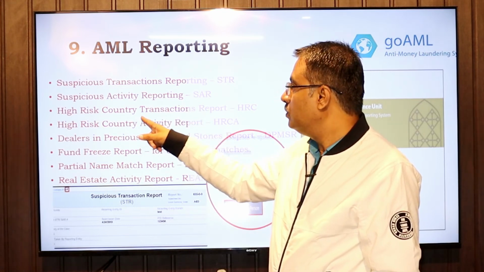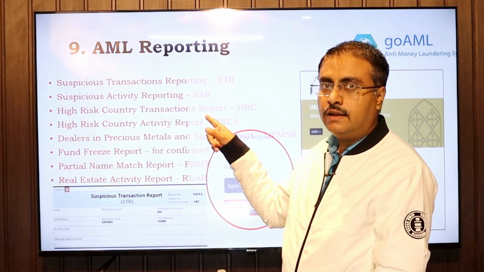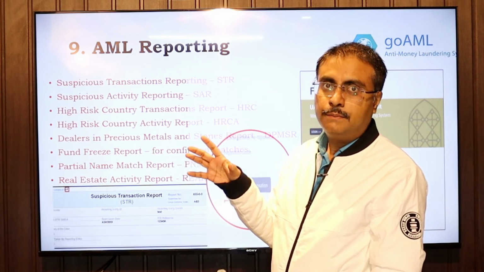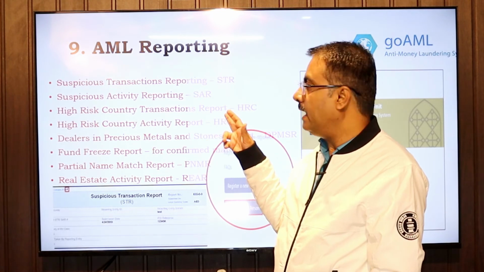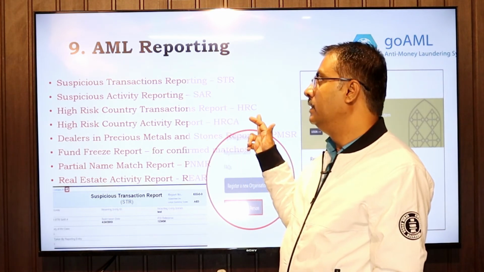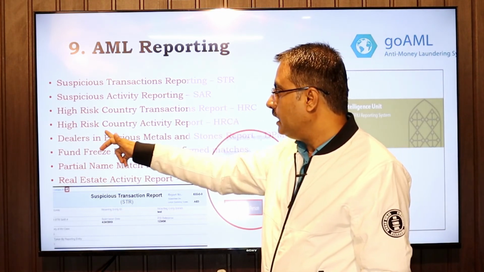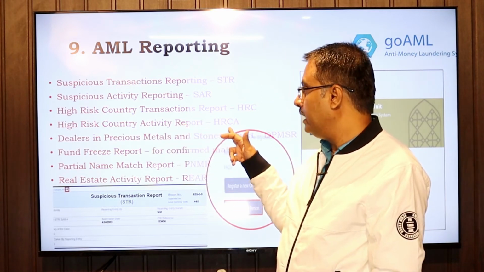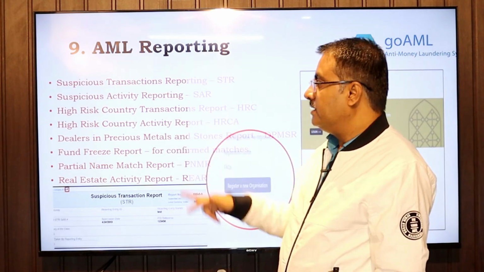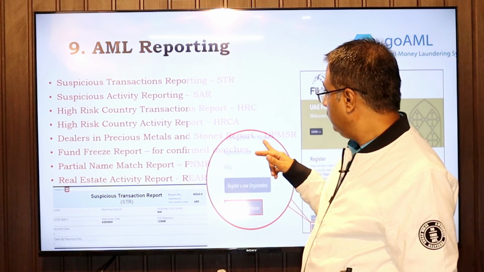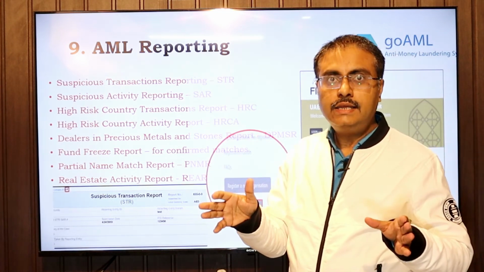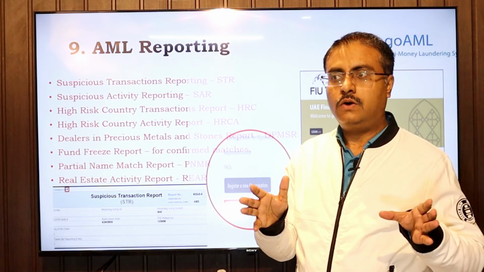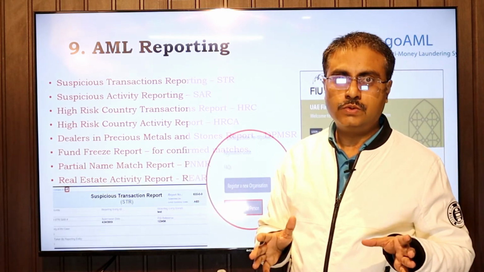For high risk customer transactions, as I said, there are some countries, Myanmar, Iran, whose customers have to be reported in the HRC report, and the HRCA report is also required in respect of high risk countries. There is a DPMSR report for those dealing in metal or stone, precious stones.